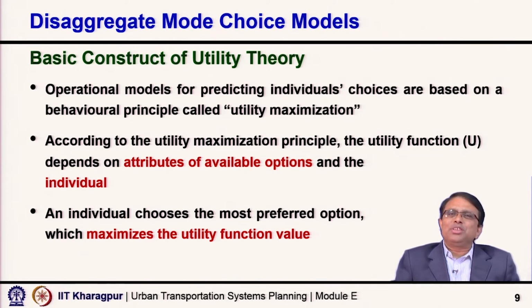According to this principle, the utility function u depends on the attributes of the available option and the individual. Number of times I have said this, and then it does not end here. Then an individual chooses the most preferred option which maximizes the utility function value.